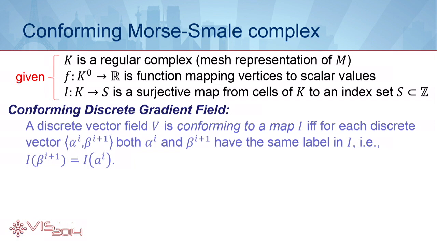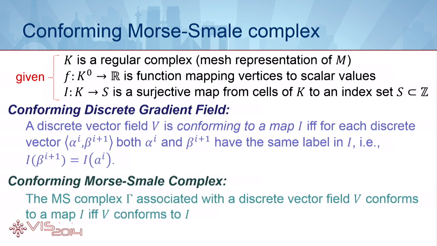I say the field is conforming if it's a discrete vector field, and for each arrow, the head and the tail, the two cells, have the same label in my map. Since a discrete gradient vector field determines one Morse Smale complex, I say the Morse Smale complex is conforming if the discrete gradient vector field is conforming.